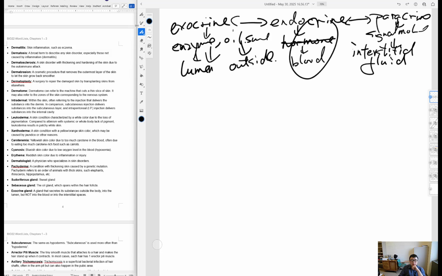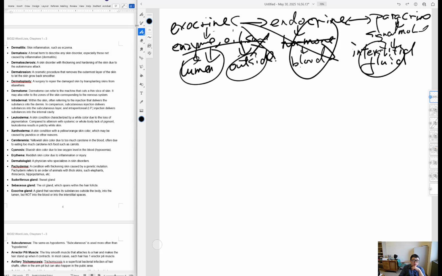Actually, hormone itself is not a definition. As long as a signal molecule gets into the blood, it's called a hormone. So endocrine produces things as signal molecules into the blood. And paracrine is also a signal molecule, but not into the blood. They just produce things around the original cell. The interstitial fluid is only a local influence. And exocrine glands produce things not into the blood, not into the interstitial fluid, but into the lumen and outside.